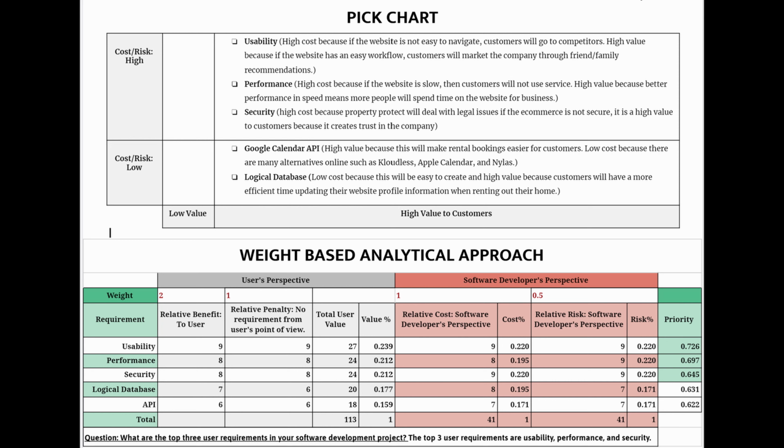And let's talk about the Google Calendar API. This is overall ranked the lowest because it's replaceable. And I won't go into too much detail about the rest because of a time constraint. So I'm going to move on to the next part.